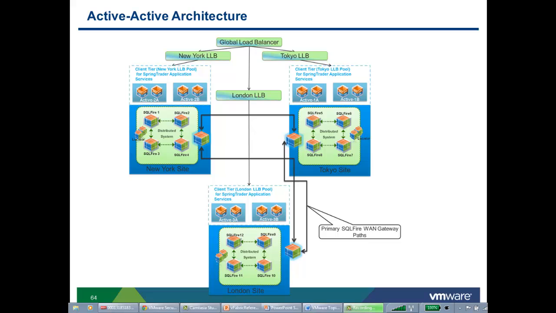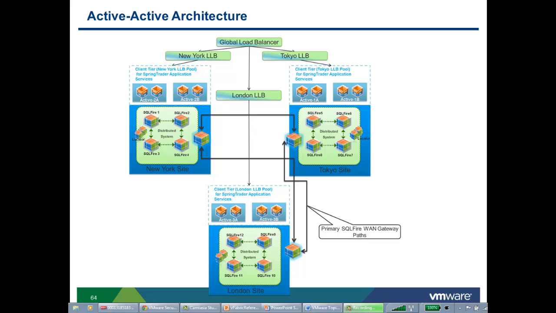The entire active-active architecture is shown here. The topology is based on vFabric SQLFire Global Multi-Site WAN configuration, in combination with a global load balancer and a set of local load balancers. Based on the geography of where the application request originated, the global load balancer will send it to the appropriate local load balancer.